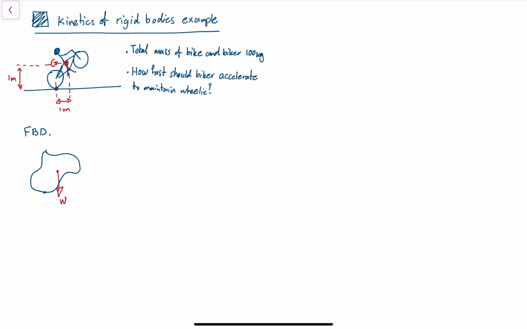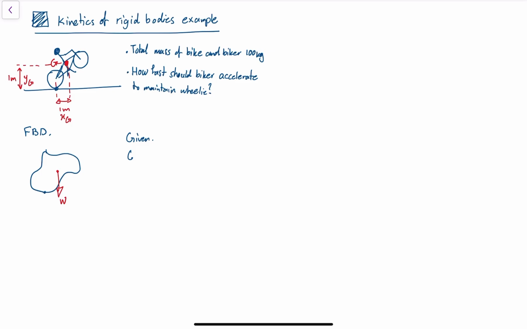Let's call it W. And I know the location of it relative to the wheel. So let's actually at the same time list all our knowns. Let's call this x of g and this one y of g, some known geometrical relation.